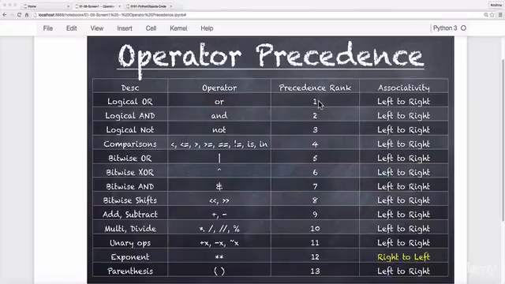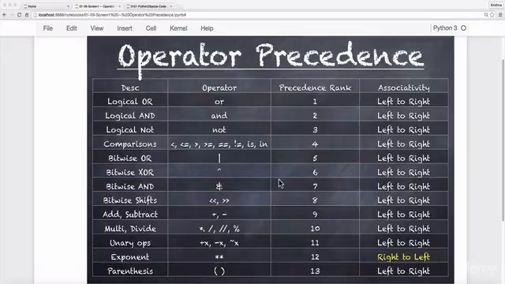If the number is lower, it means it has a low priority in evaluating. The highest priority is for expressions within parentheses, which is level 13, meaning the expressions within parentheses are evaluated first. The power operator also has a higher priority than regular multiplication and addition.